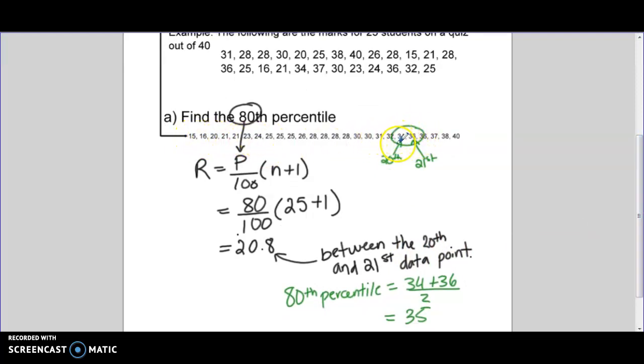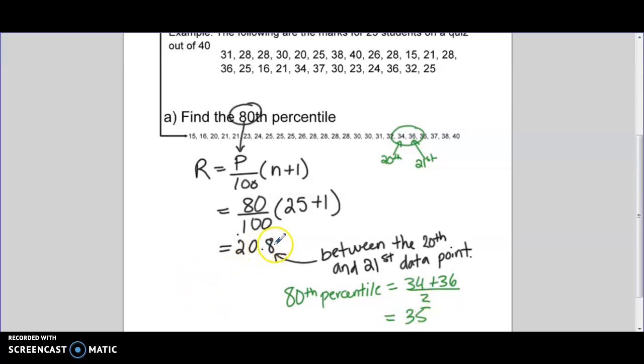The 20th ranked mark is 34. The 21st ranked mark is 36. So the 80th percentile is going to be the midpoint of those two. 34 plus 36 divided by 2 gives me 35. So to answer our question, what mark represents the 80th percentile? The mark of 35 on this quiz would represent the 80th percentile.